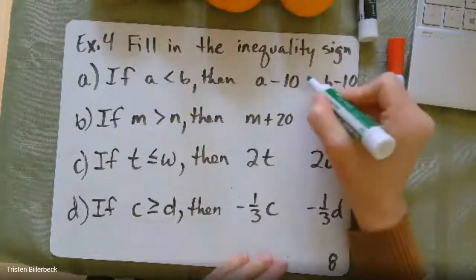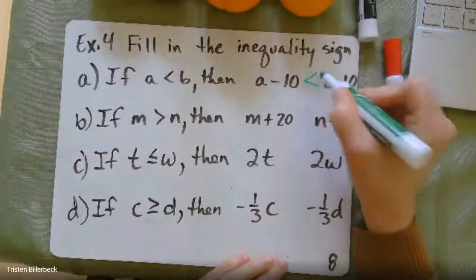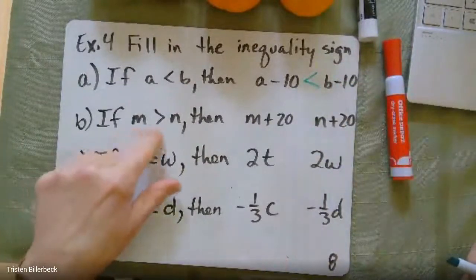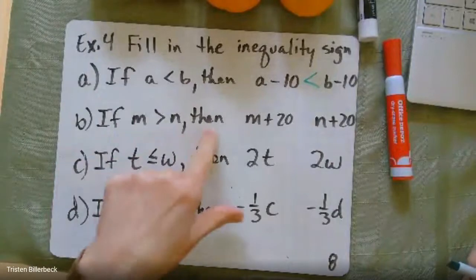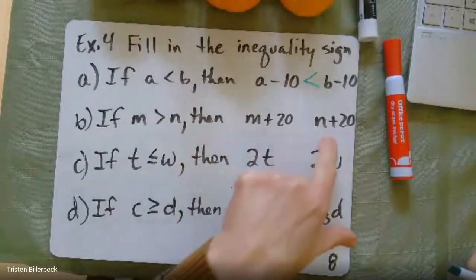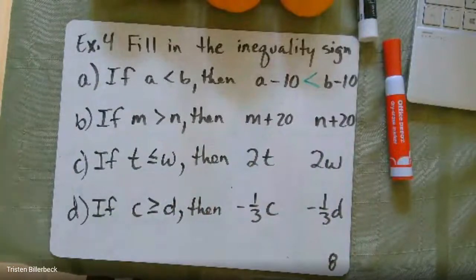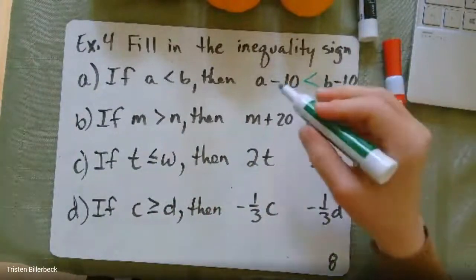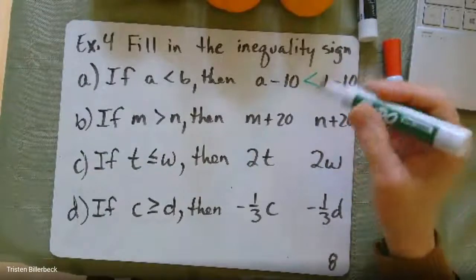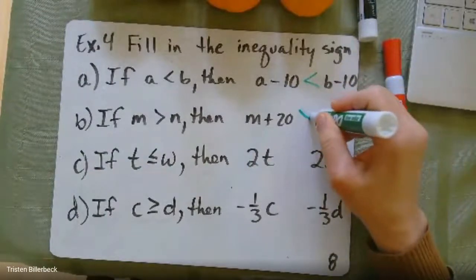No. So we're going to put less than. If M is greater than N, then M plus 20 and N plus 20. Well, we're doing the same thing to both sides. So there's no multiplying negatives or anything like that. So it's just going to be the same.